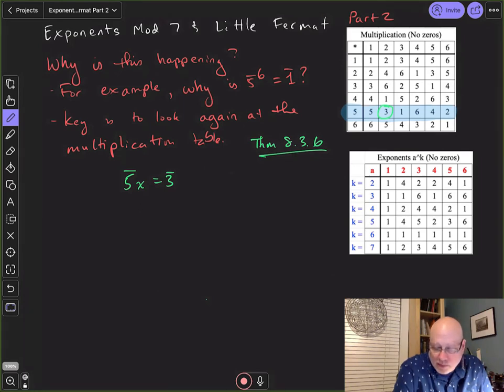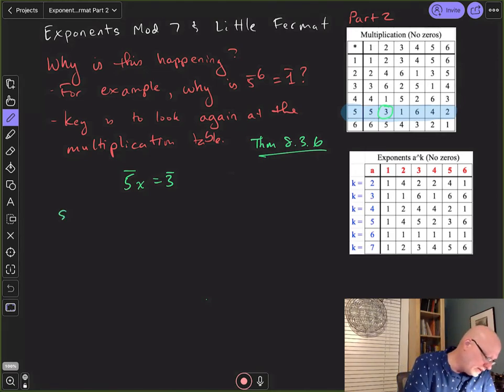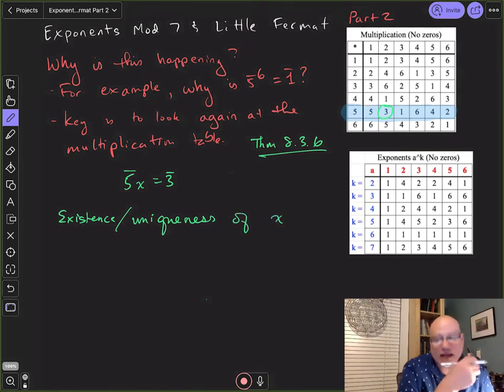So this is really important in establishing the existence of a solution and the uniqueness of the solution. We're going to rely on that to make our argument for why this works. So it's important to think about it that way.